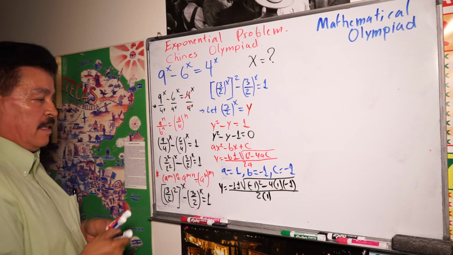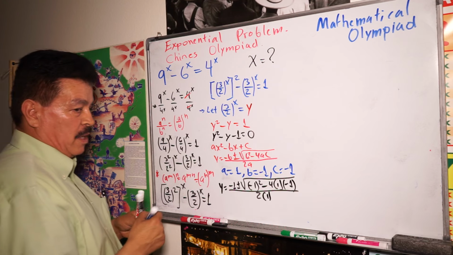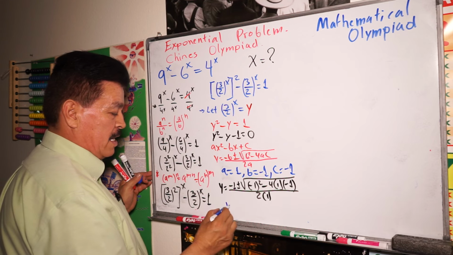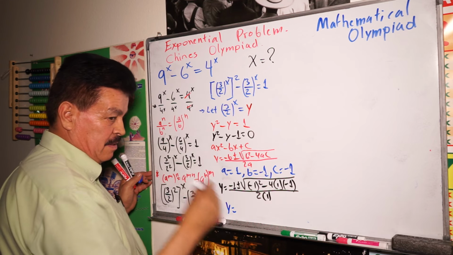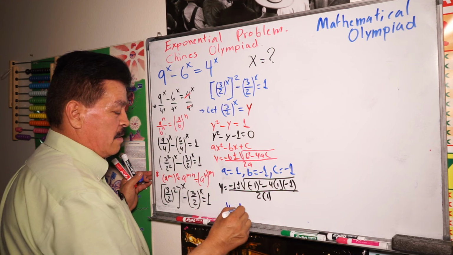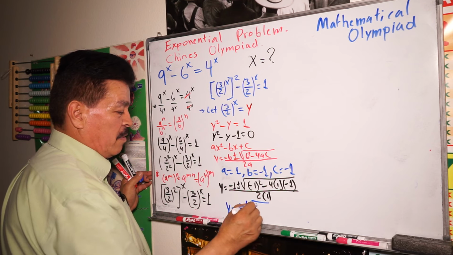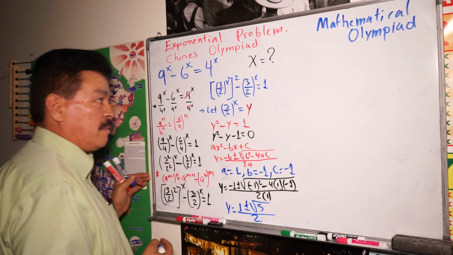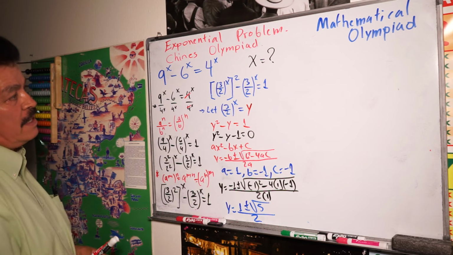You multiply, simplify the formula. We are going to have here y equals 1 plus minus square root 5 divided by 2. Okay, divided by 2. All right.